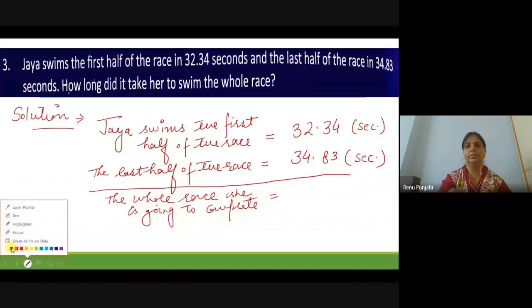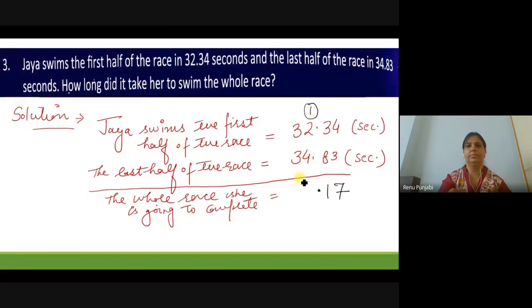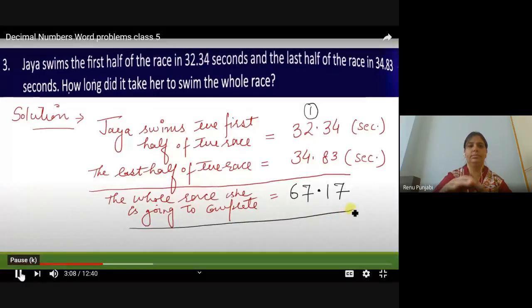Let me add: 4 plus 3, 7. 8 plus 3, 11, then carry 1. 4 and 1, 6, and 1, 7. And 3 plus 3, 6. So how long did it take her to swim the whole race? 67.17 seconds. This is your answer.